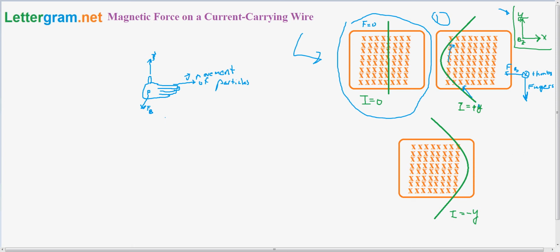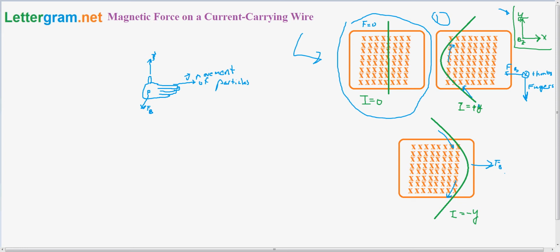I forgot what it's called exactly, but I'll dig out the book if someone cares. So in this one, we have charge moving this direction. Again, put your thumb into the page. Now your fingers are pointing up, so the force is pushing this way. Pretty simple.